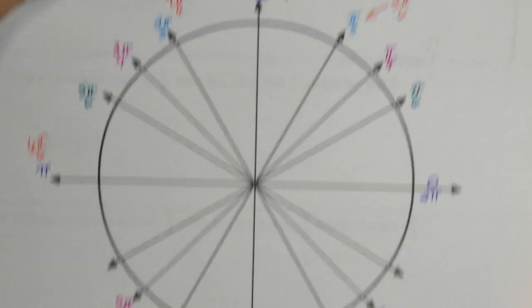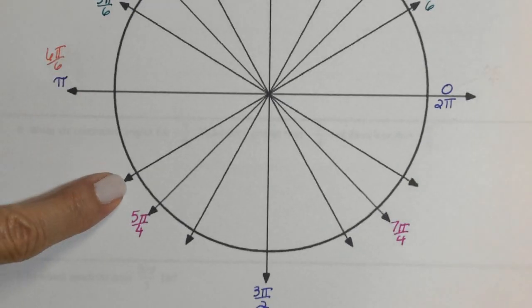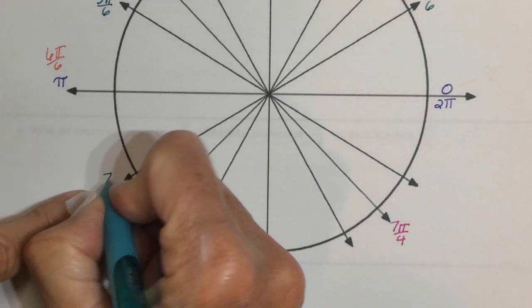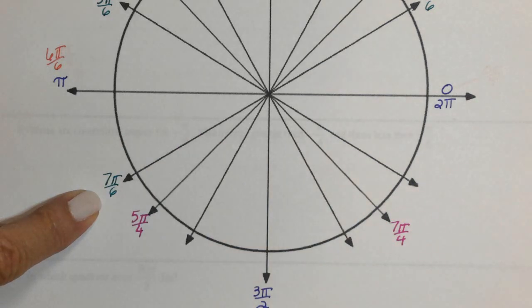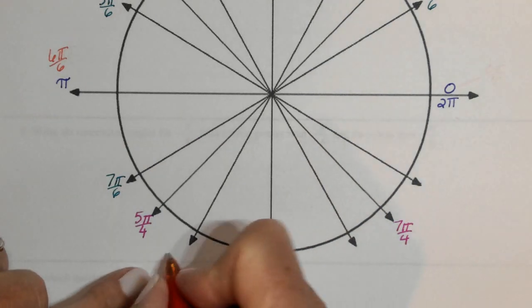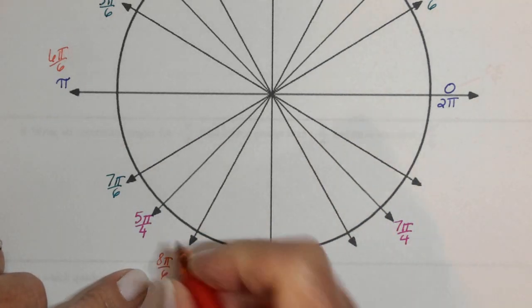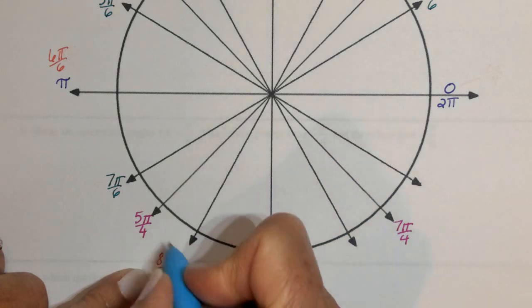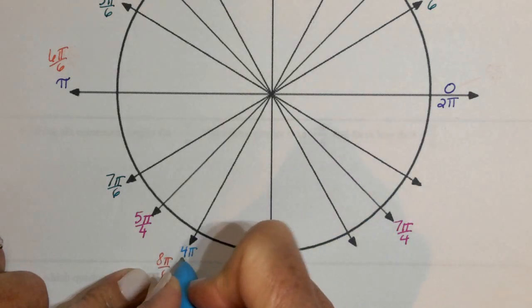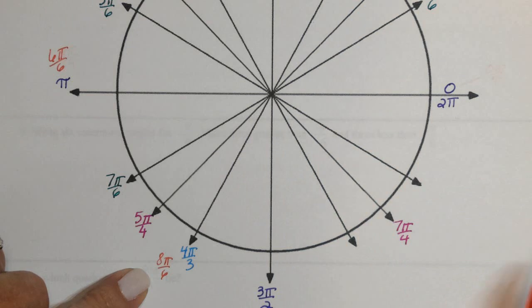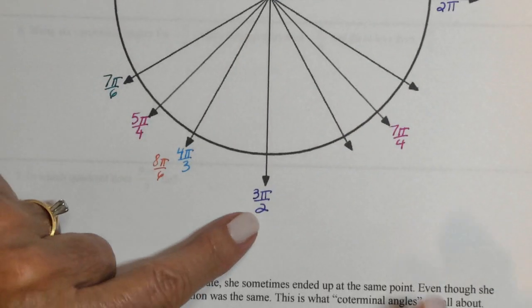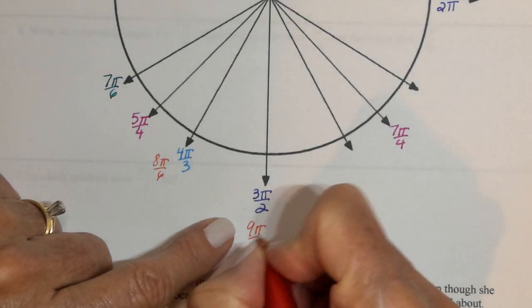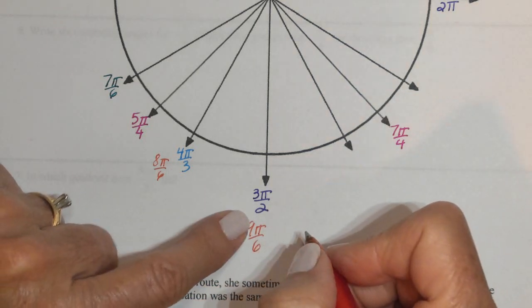What will be the next one? 7 pi over 6. The next pi over 6 would be 8 pi over 6, but that reduces to 4 pi over 3. The next pi over 6 here would be 9 pi over 6, but that reduces to 3 pi over 2.